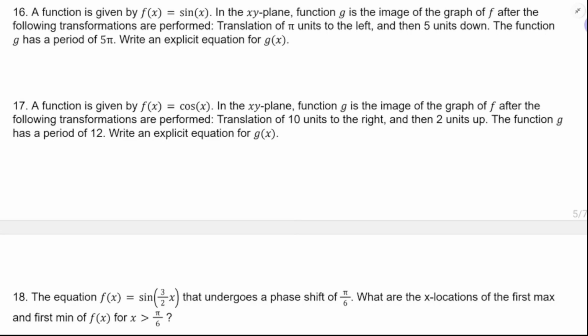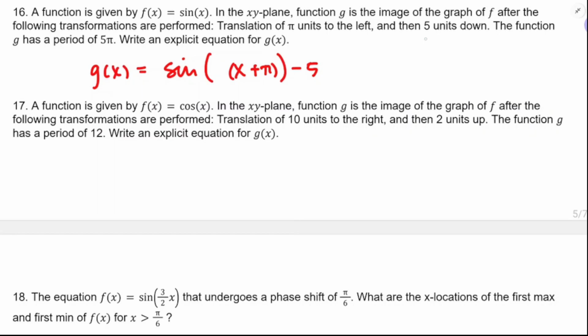Okay, so I'm not seeing any sort of amplitude discussion, so I don't think there's going to be any multiplier up front. So g of x is going to equal sine of some number times x plus pi, because I went pi units to the left, and then 5 units down, so minus 5, and the function has a period of 5 pi.